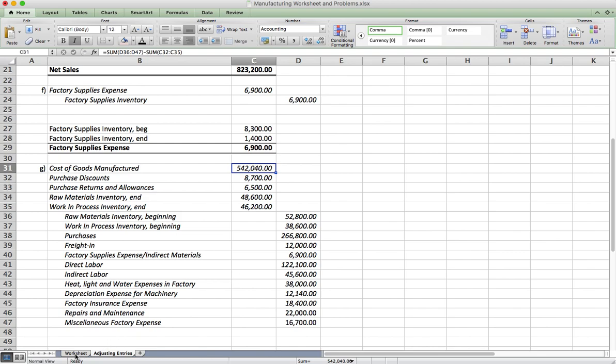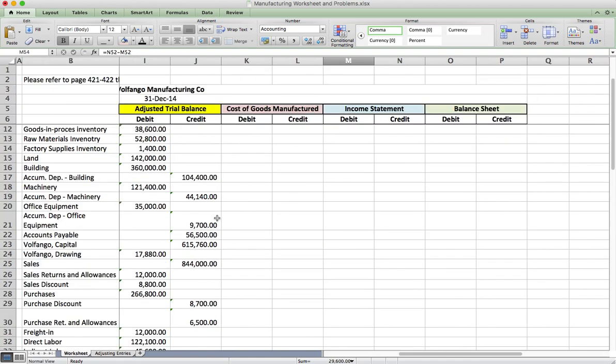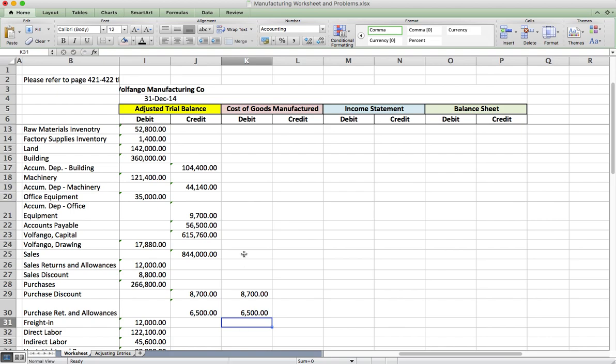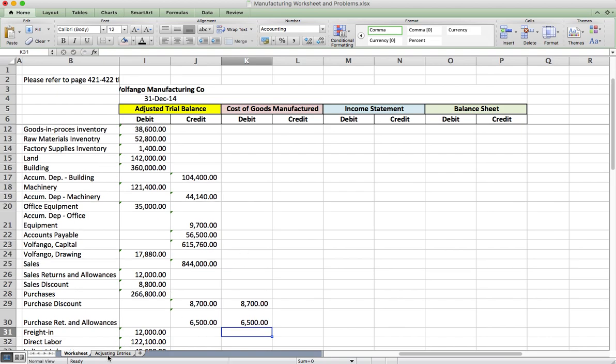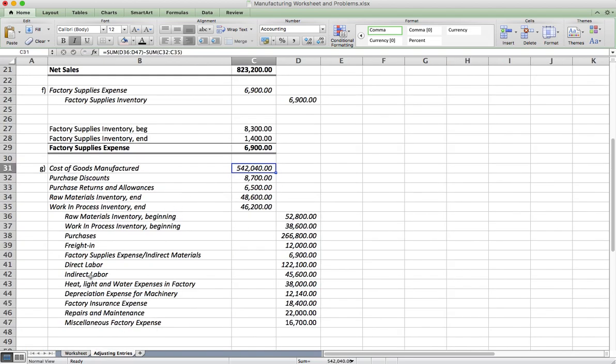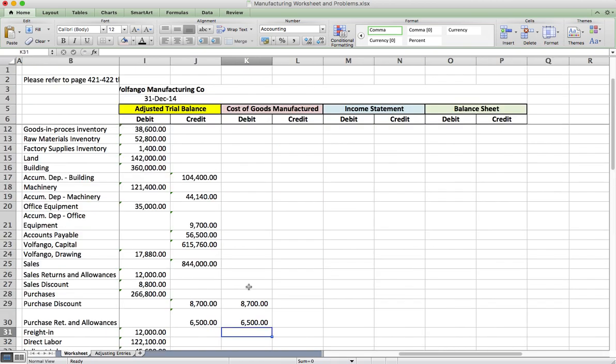Tingnan natin yung net effect. Okay? Punta tayo sa purchase discounts. Debit purchase discounts. So, yung credit balance niya, gagawin kong debit. And then, ano pa? Purchase returns, credit, gagawin kong debit. Okay? Next, ano yung entry natin? Yun namang beginning balances ng raw materials and work in process.